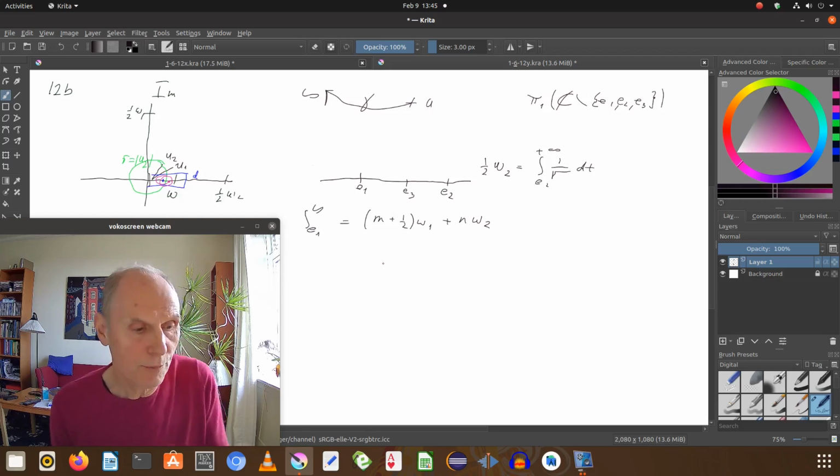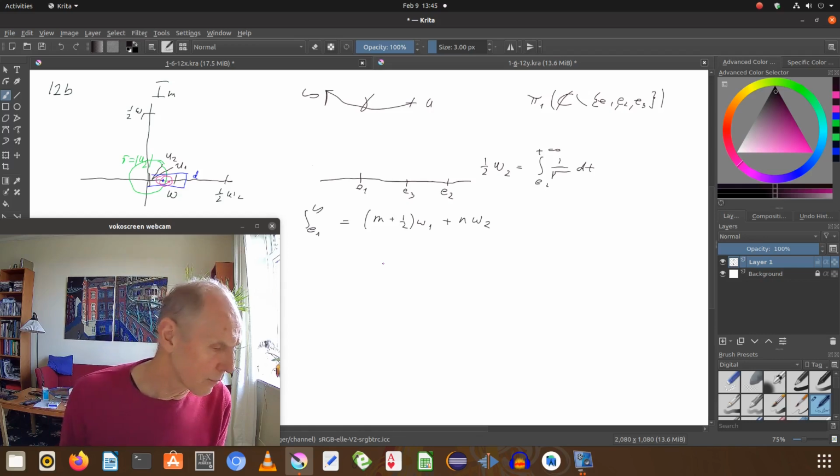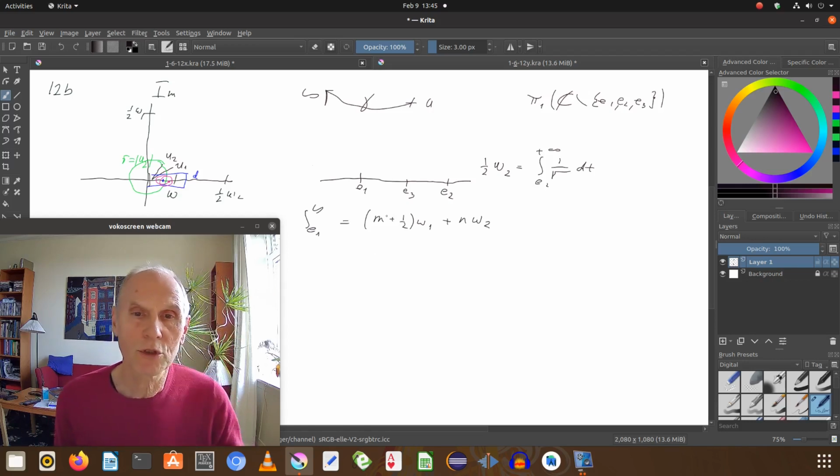To solve problem 12b, we just have to show that it's integers. It's in C, we have to show that it can be done. We can arrange that any integer occurs. And the same with E2 and E3 analogously.